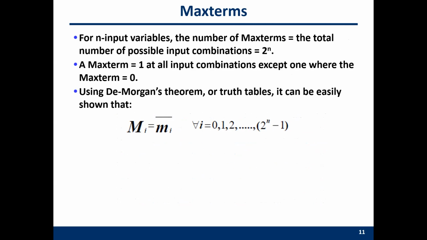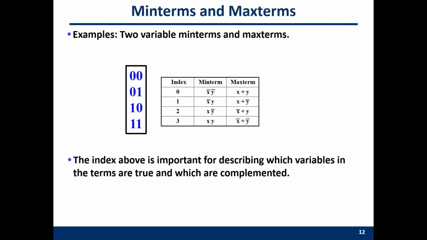So we can actually apply the so-called De Morgan law to convert the max term to minterm and convert the minterm back to the max term. So here are some examples.